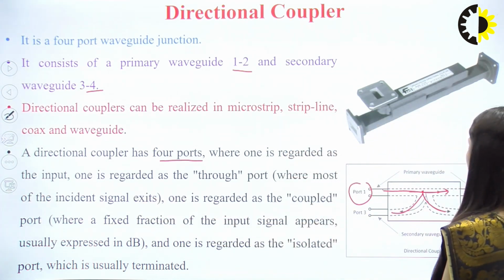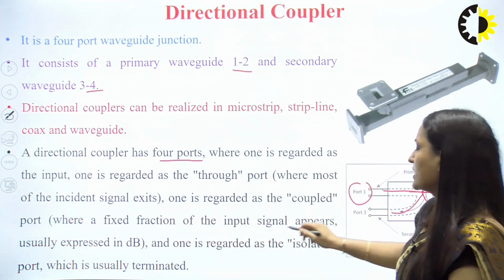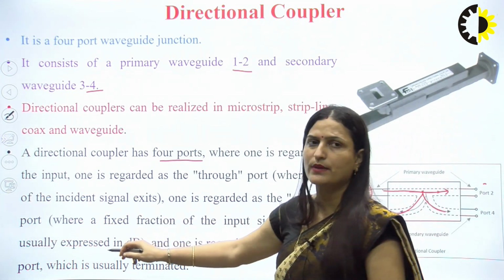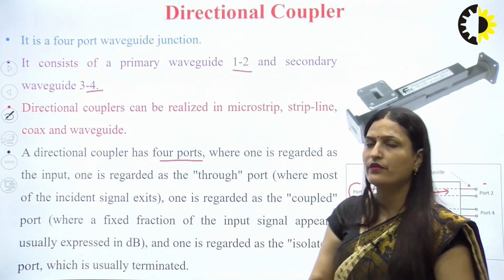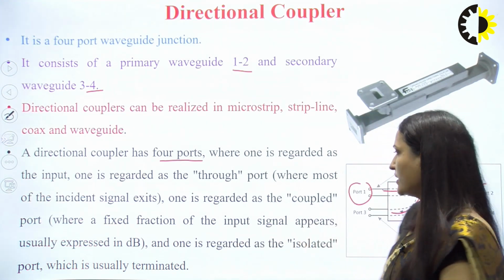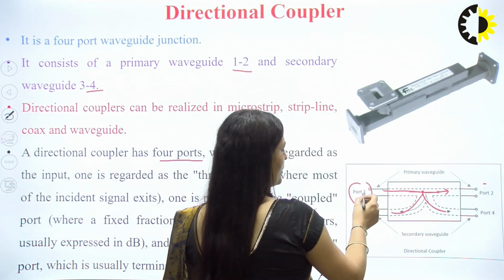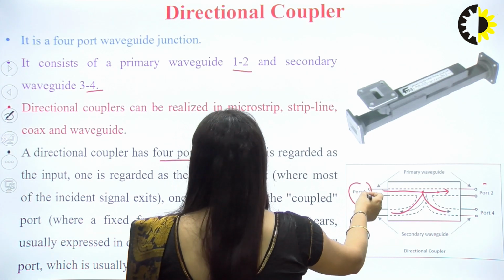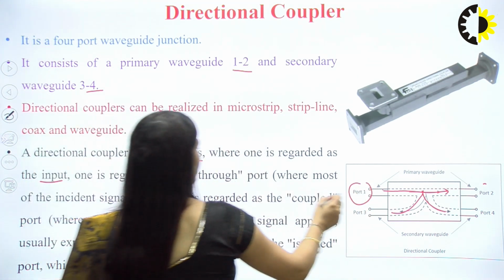One is regarded as the coupled port, right, where a fixed fraction of the input signal appears, usually expressed in dB. And one is regarded as the isolated port, which is usually terminated, right. So if I am talking about port number 1, I can say that it is your input port.